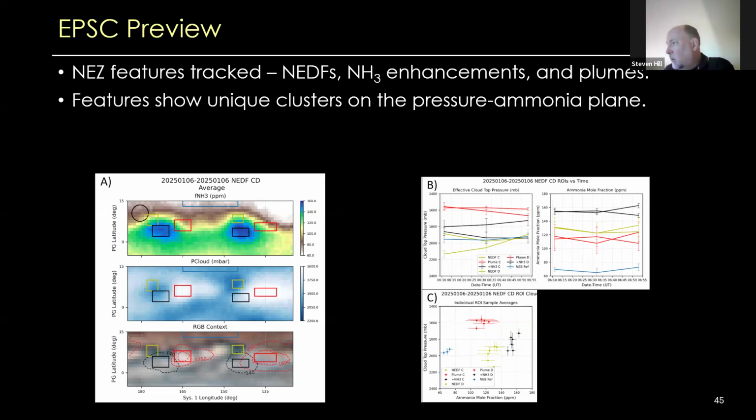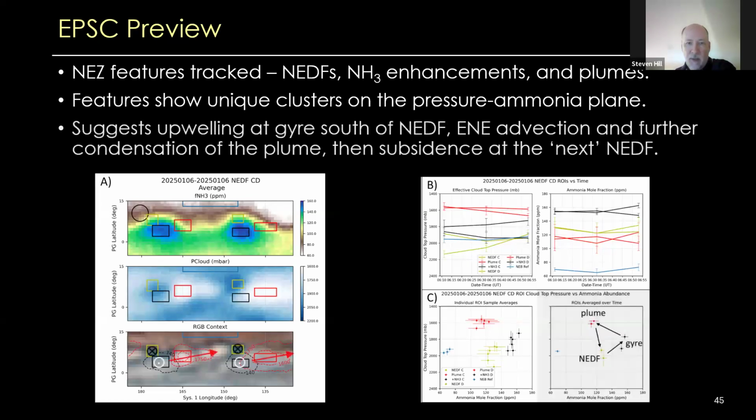The hotspots, or NEDFs, are deep in the clouds at 2000 millibars, 2 bars, and have a little bit more ammonia. But then the areas where the ammonia enhancements are and the gyres are has significantly enhanced ammonia and is at somewhat higher pressure, but not as high as the plumes.